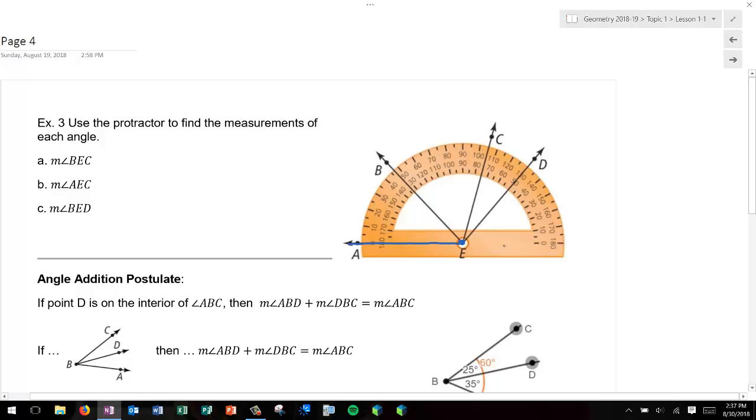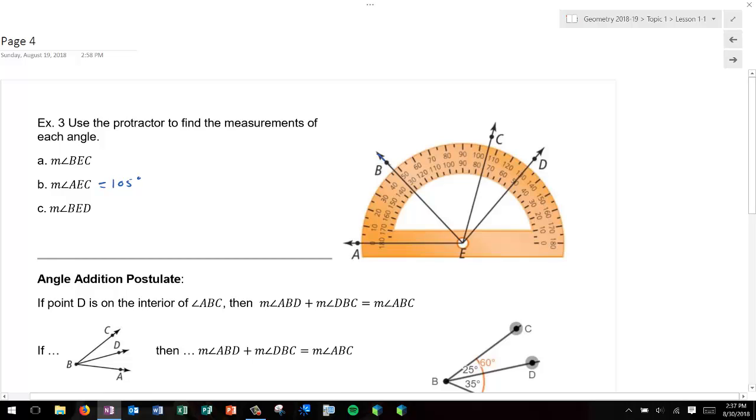So if they wanted to know the measure of angle AEC, we'll start with B. So AEC right here. So I'd start at 0 and I count up all the way up to what appears to be 105 degrees. Okay. And then they asked us to find another one where we didn't have it at 0. So we're going to have to use that same idea of absolute value.